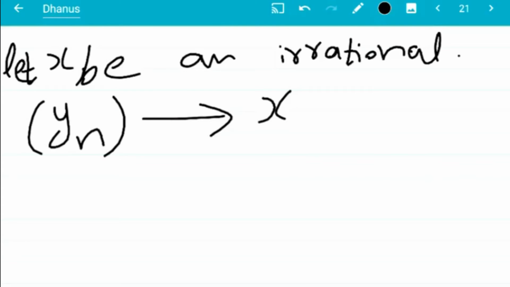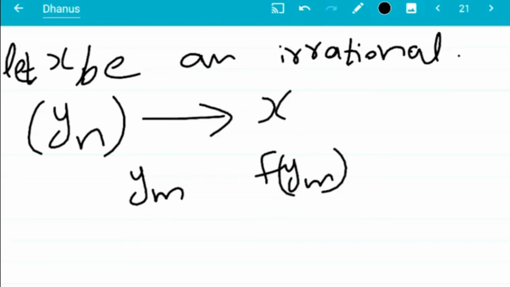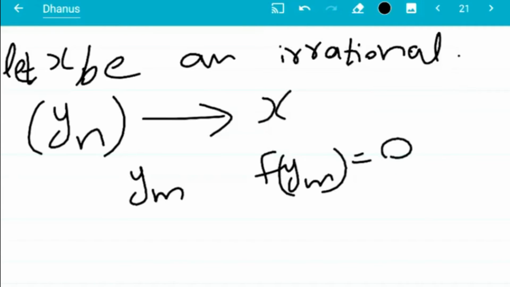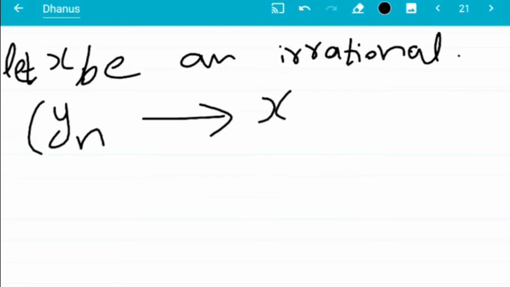Suppose yn contains irrational numbers. If ym is irrational, then f of ym will be equal to 0. And f of x equal to 0.